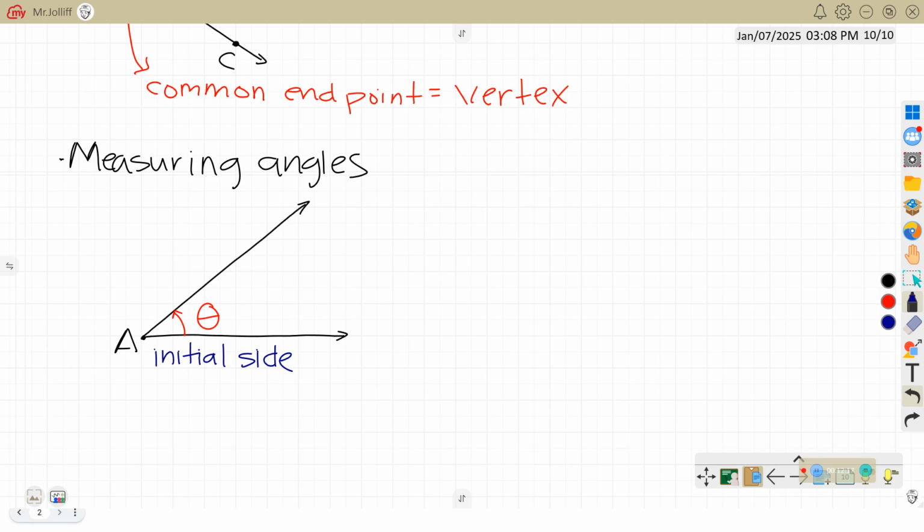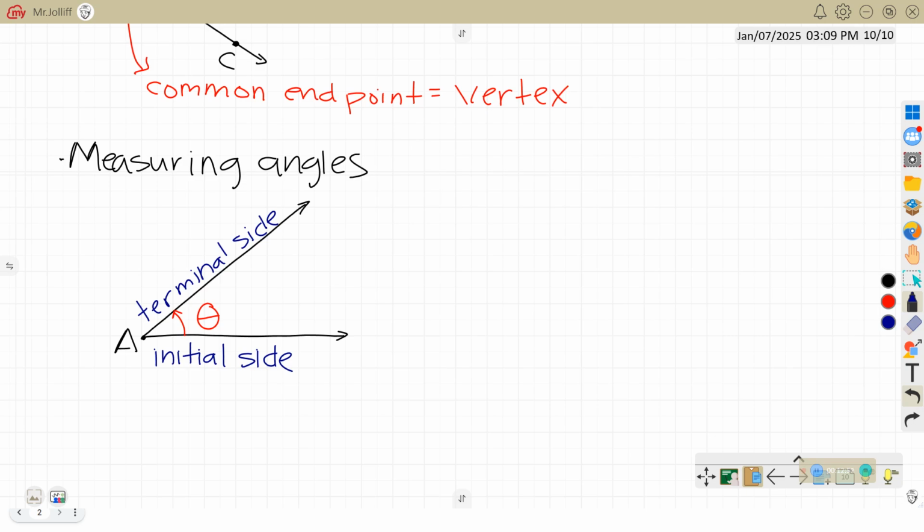You put the center at the vertex. The side that we stop measuring at is called the terminal side. So we start 0 degrees at the initial side, and then we rotate up to the terminal side. And however many degrees we rotated through to get to the terminal side, that's our angle.